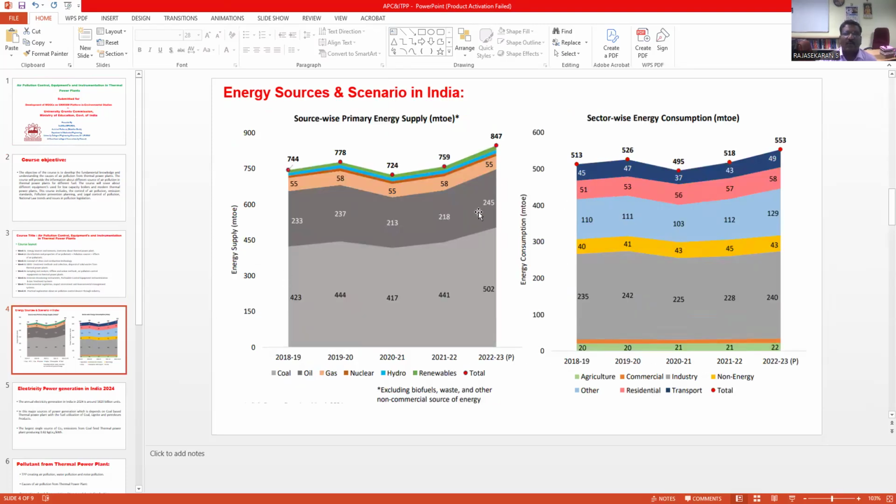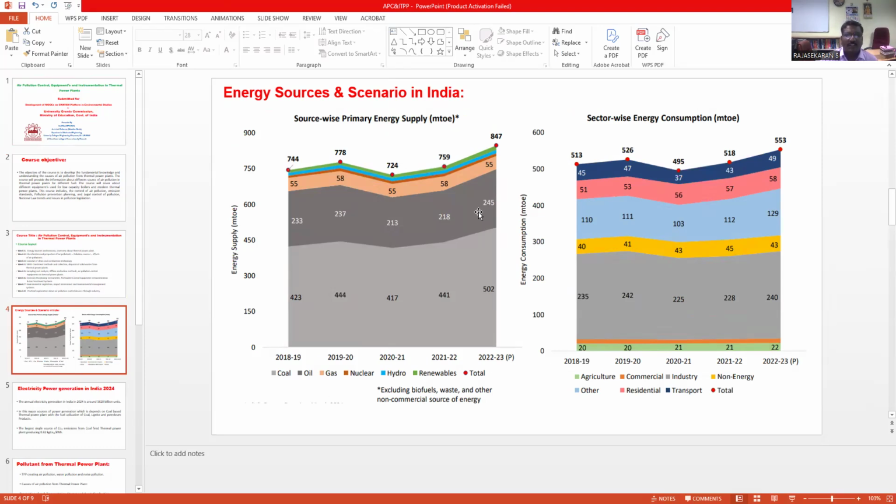The energy scenario, energy sources and scenario in India. As we know, for power generation we are using coal, oil, gas, nuclear fuel, hydroelectric power plants, and other renewable energy sources. What will be the energy supplied in terms of million tons of oil equivalent for the years 2018-19, 2019-20, 2020-21, 2021-22, and 2022-23?